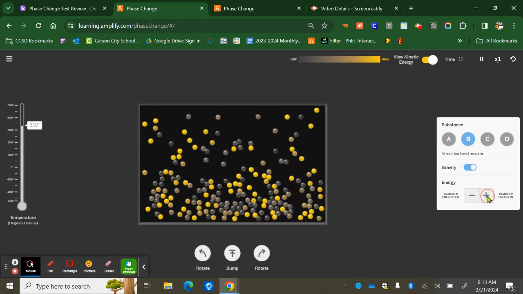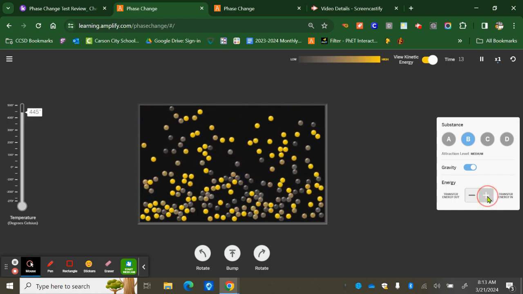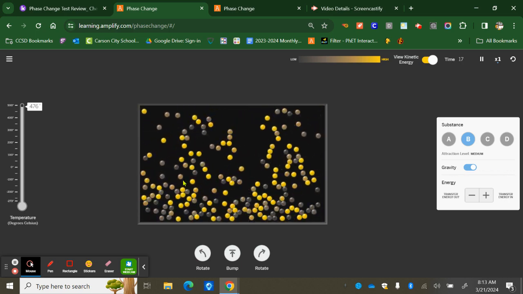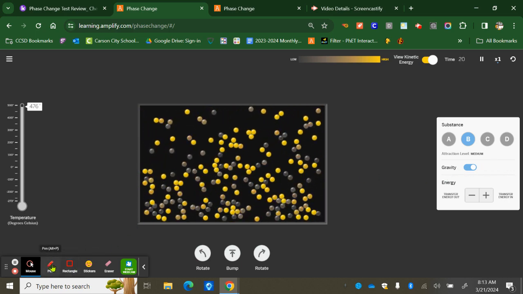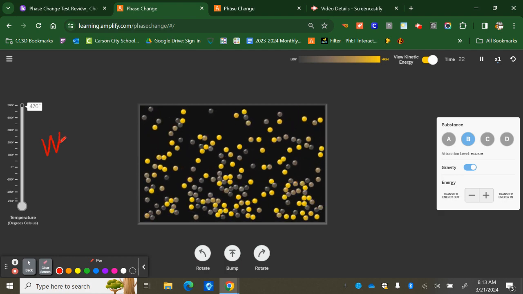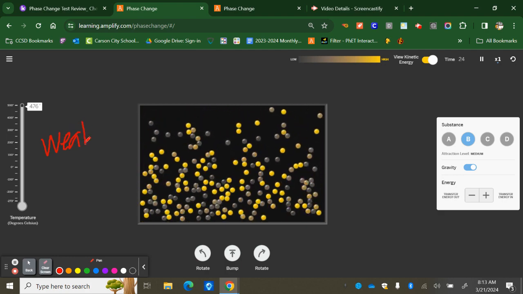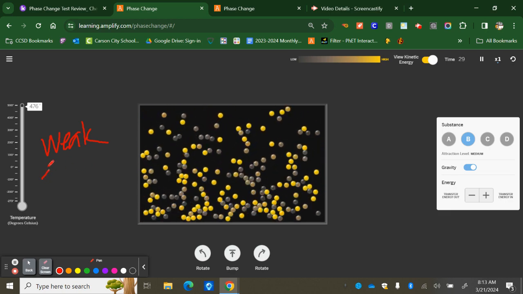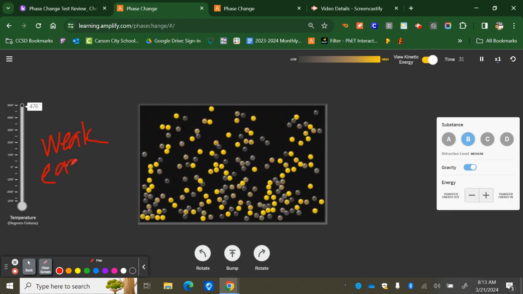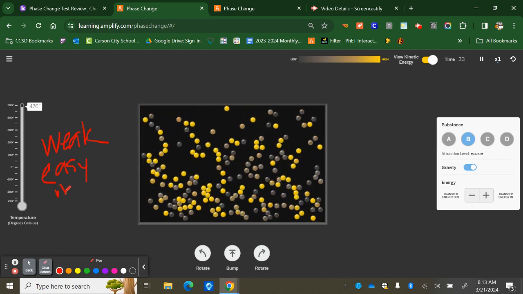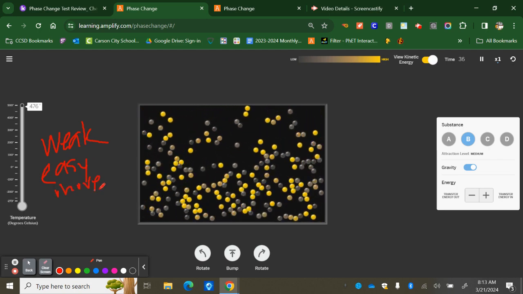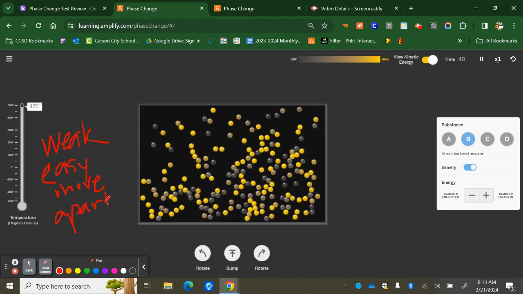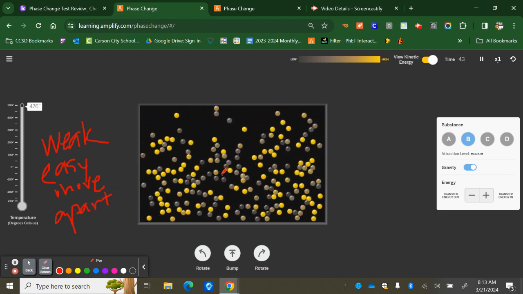So this is what should happen. If we notice, as I transferred energy in, it becomes a gas because I have a weaker attraction. So this represents my weak attraction. And it was easy for the molecules to move apart.